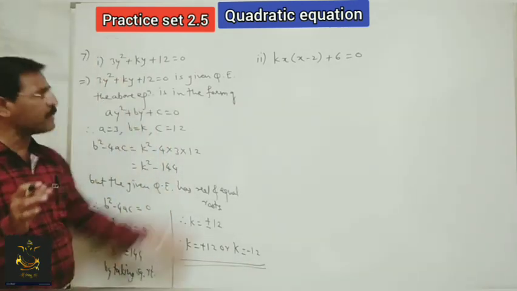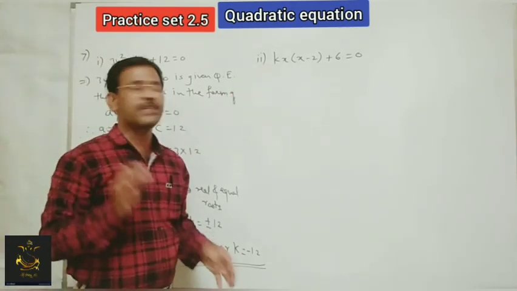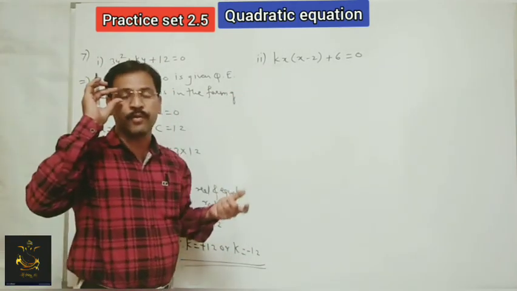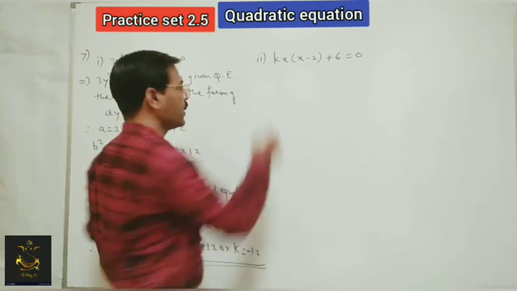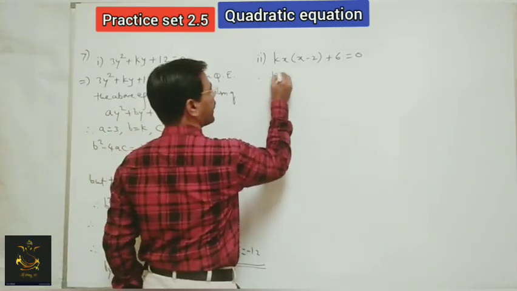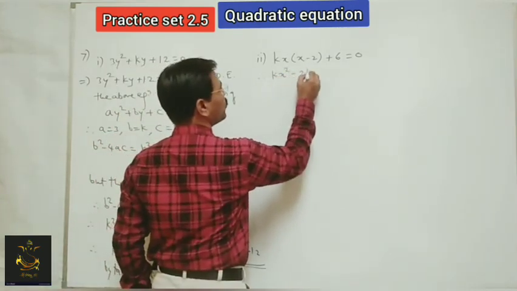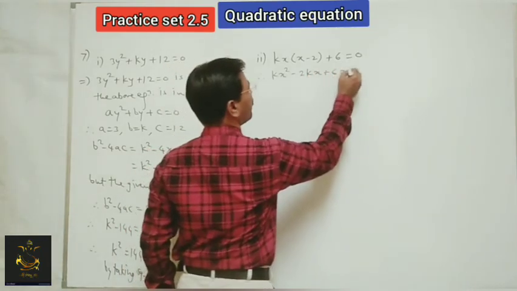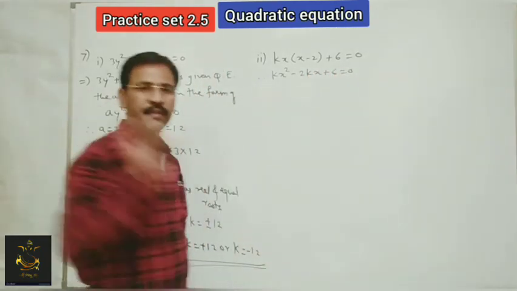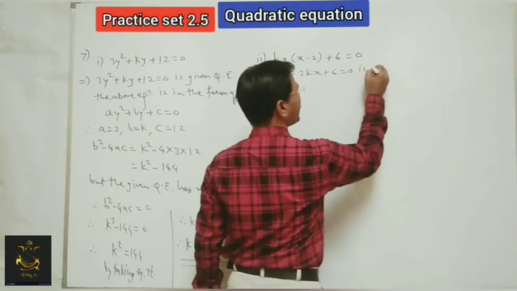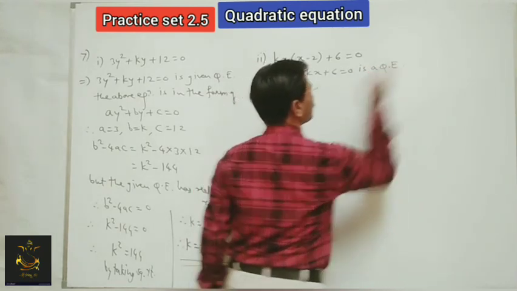Understand? Very simple it is. Very similar example here also. But first of all, it is not in the standard form. We'll write it in the standard form. Look here, we can write kx square minus 2kx plus 6 equal to 0. Now it is the given quadratic equation.